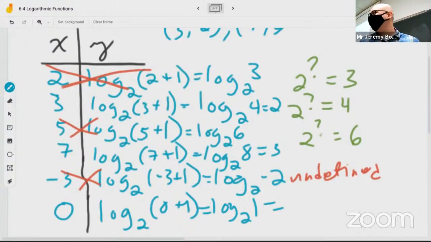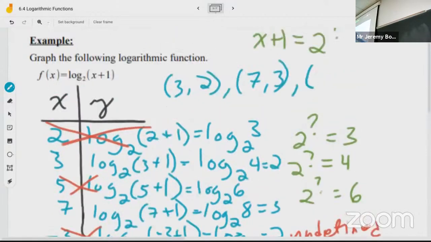Anybody remember? It's a property. What's that? 0. Yes, good. So we have a point 0 comma 0.